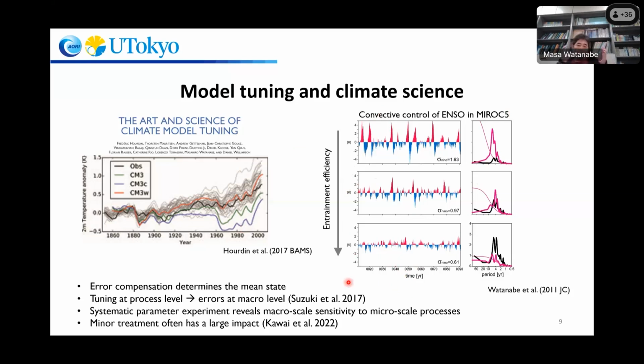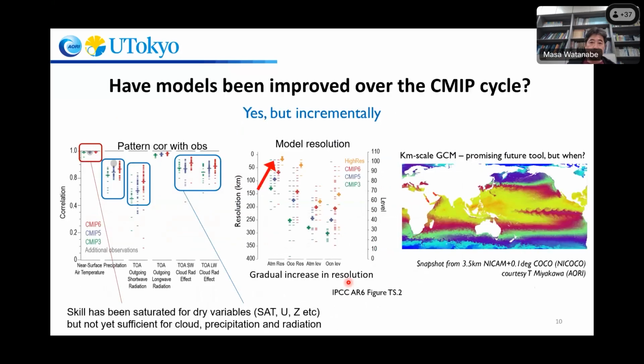As such, these models have a value in understanding how the climate system fluctuates or evolves in time, by understanding the impact of the small scale processes on the large scale climate fields.